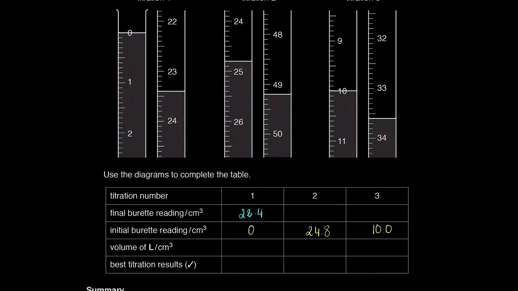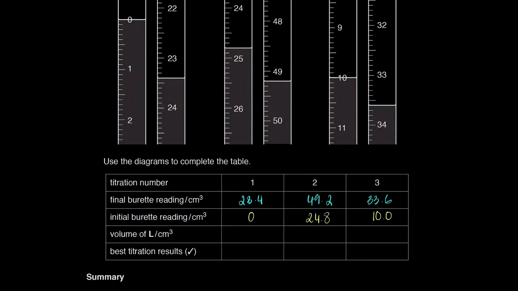The second one is 49.2. The third one is 33.6. What's 49.2 minus 24.8? Someone tell me.